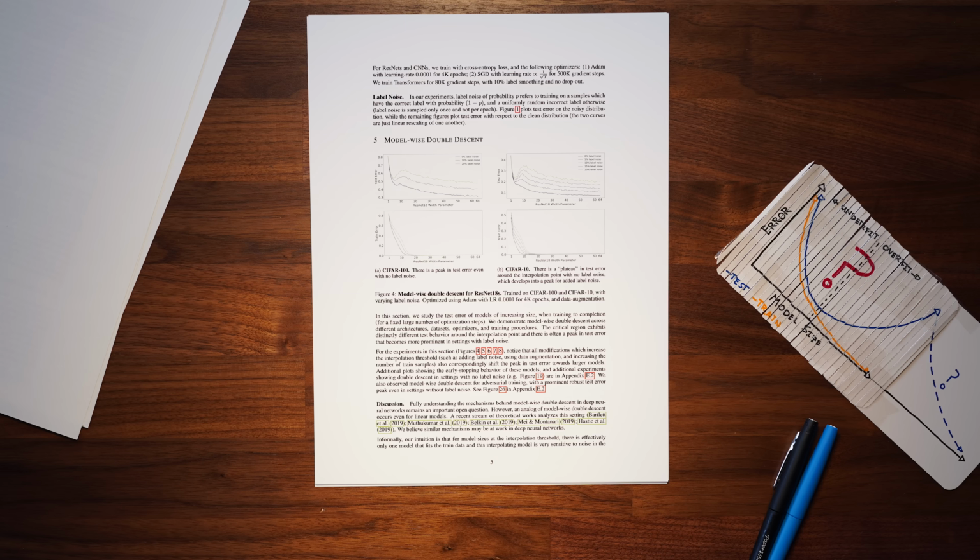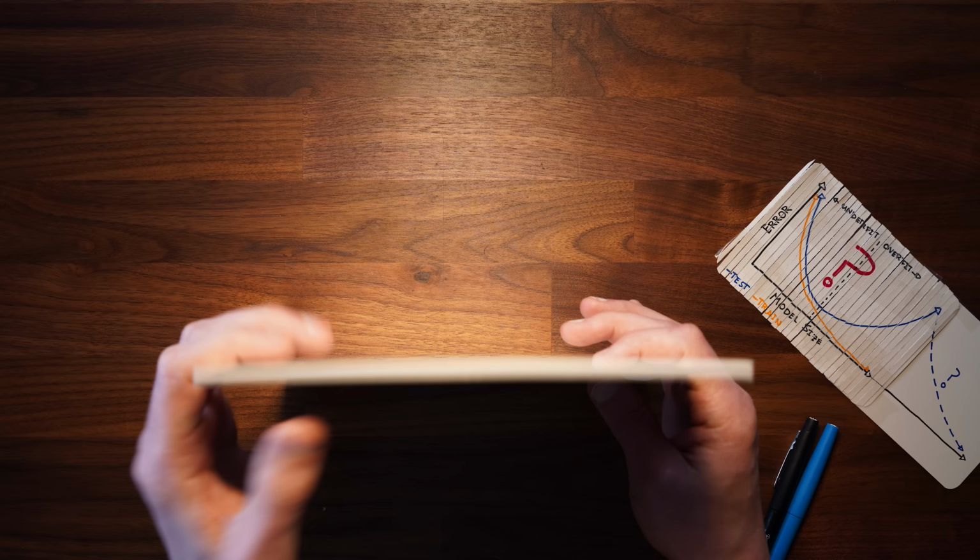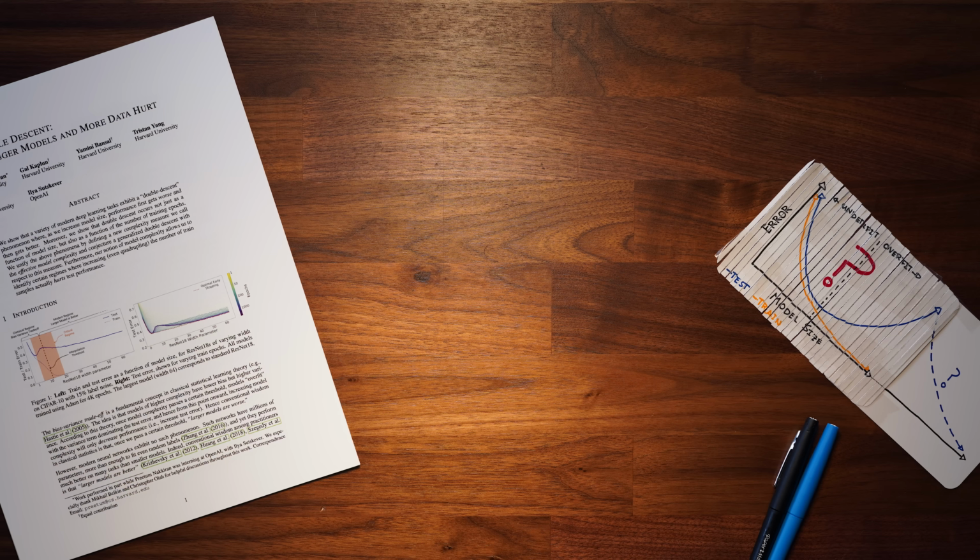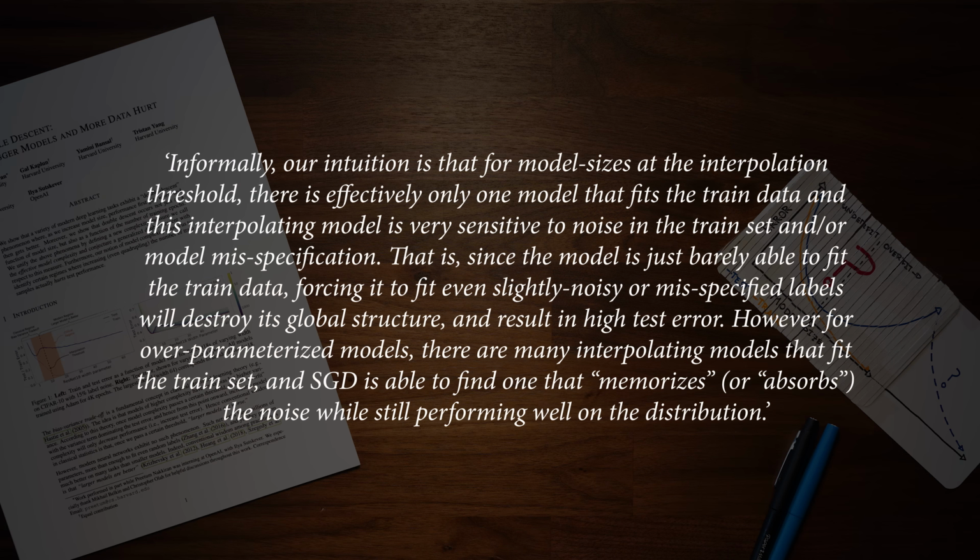The Harvard team lays out a similar line of thinking when reasoning about why double descent occurs in deep neural networks. For model sizes at the interpolation threshold, there is effectively only one model that fits the training data, and this interpolating model is very sensitive to noise in the train set. For overparameterized models, there are many interpolating models that fit the training set, and SGD is able to find one that memorizes or absorbs the noise while still performing well on the distribution.